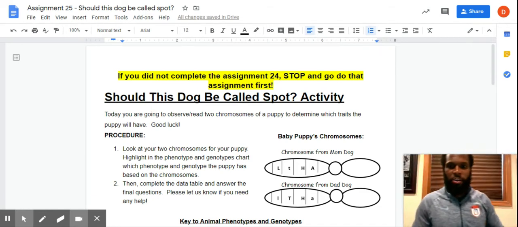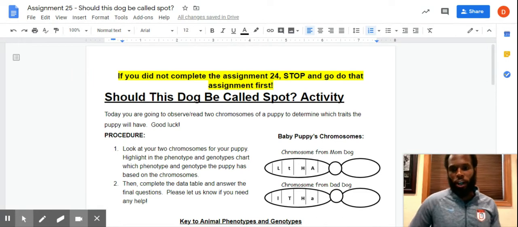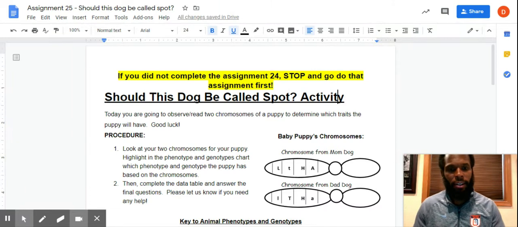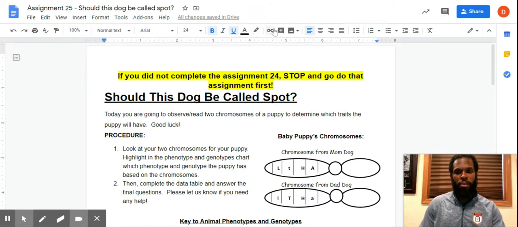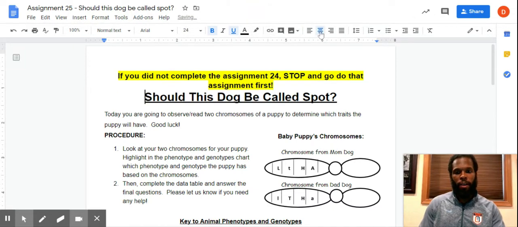Sorry. So this right here, assignment 25, is called "Should this dog be called Spot?" activity, and it's kind of like assignment 24, where you had to actually figure out the puppy based off of the parents' chromosomes. Remember, you have a mom puppy and a daddy puppy.